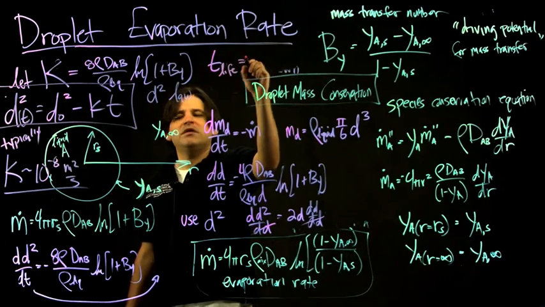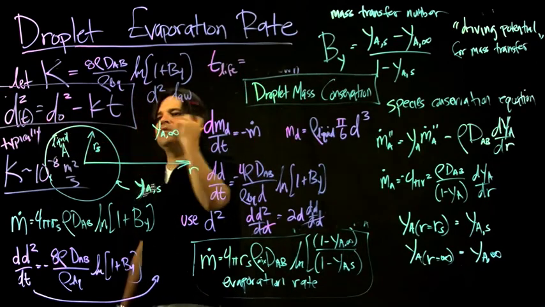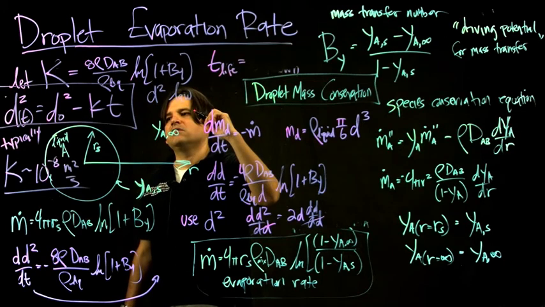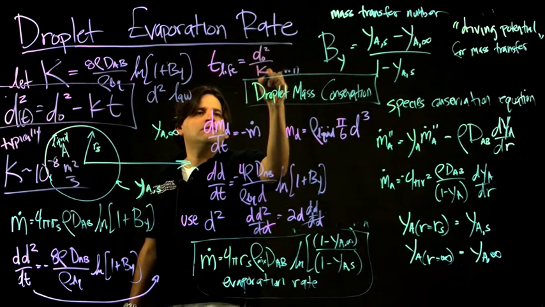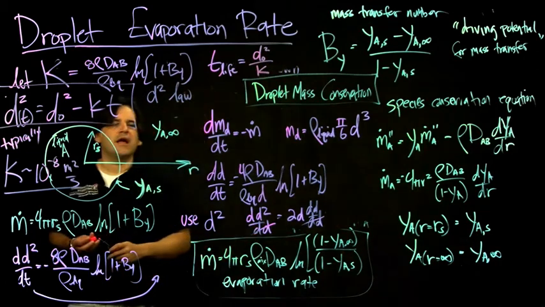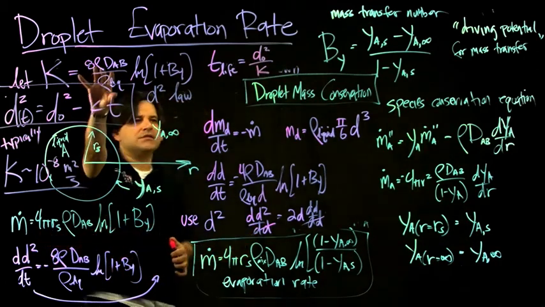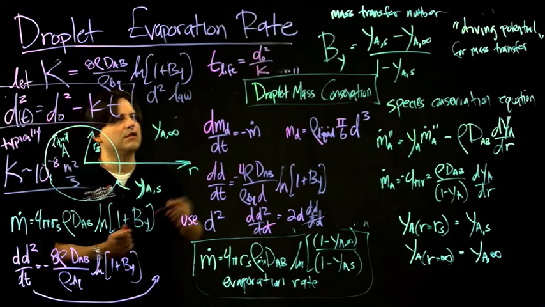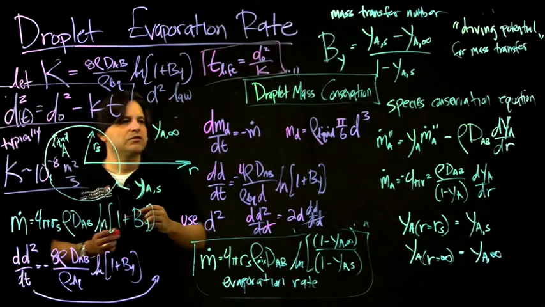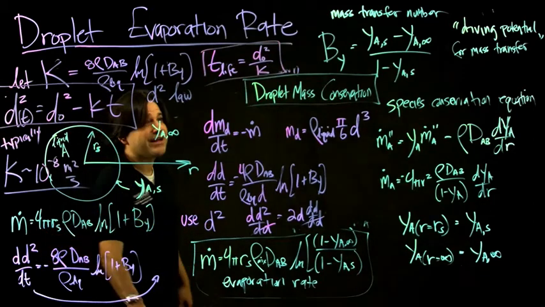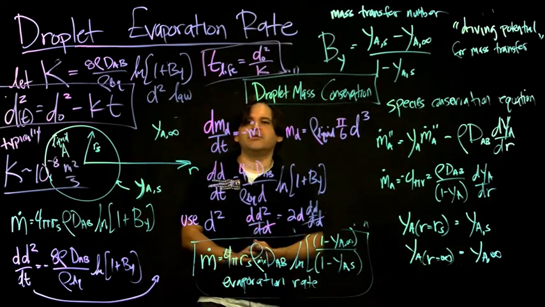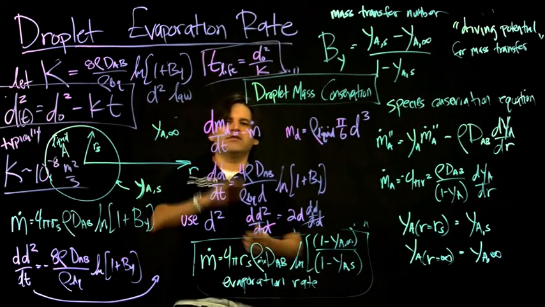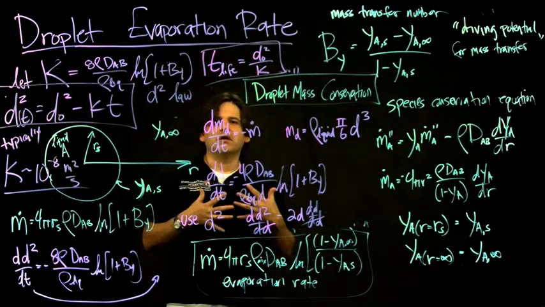The lifetime of your droplet would be when d equals 0, so it would be this 0, so yeah, it'll just be d naught squared over K. Your initial droplet diameter over the mass transfer properties will be the lifetime of the droplet, which is a very useful general analysis that can help you design spray nozzles and design if you wanted to inject fuel into an engine. This would give you some insight into a time scale for the evaporation process.